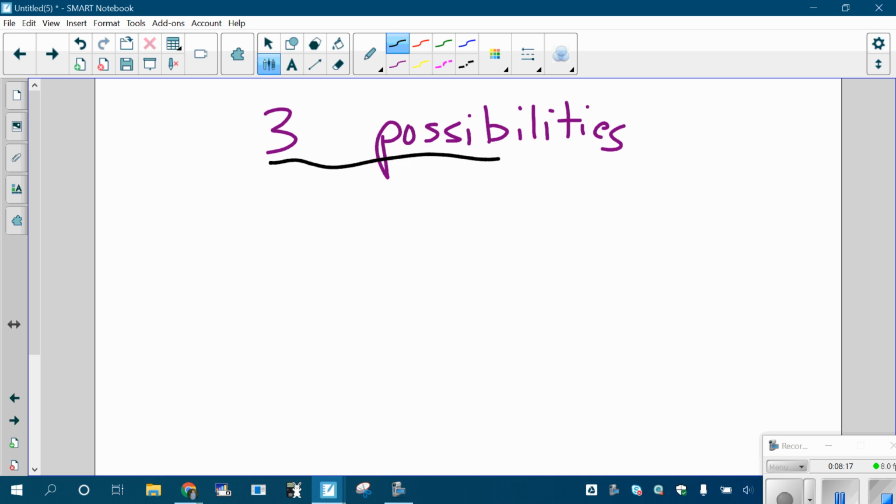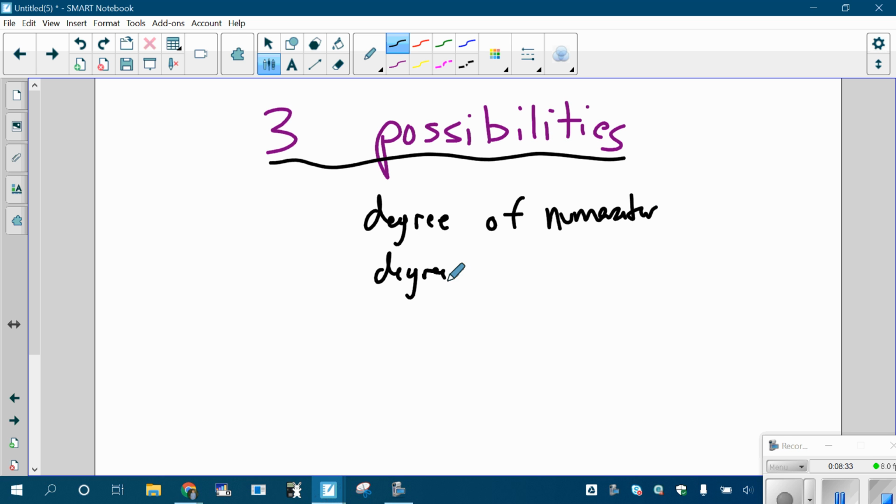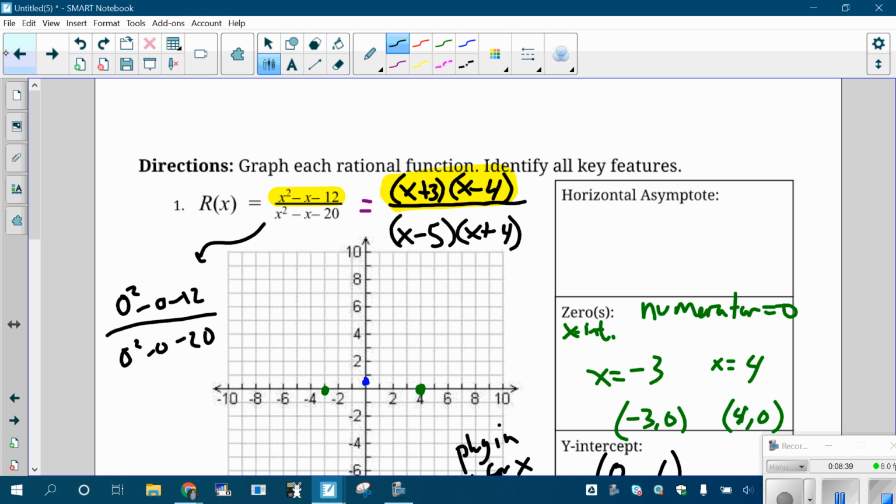It all depends on the degree of the numerator compared to the degree of the denominator. Those are the 2 things you're talking about. Remember, degree is the highest exponent. In this case, the highest exponent in the top is 2, and the highest exponent in the bottom is 2.